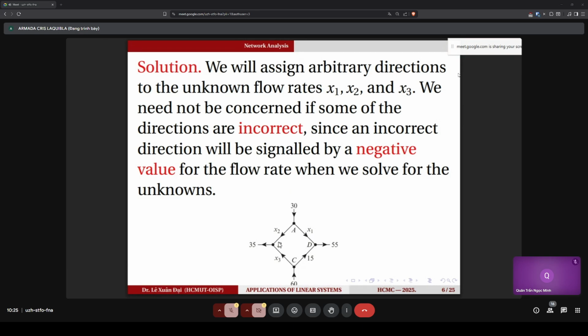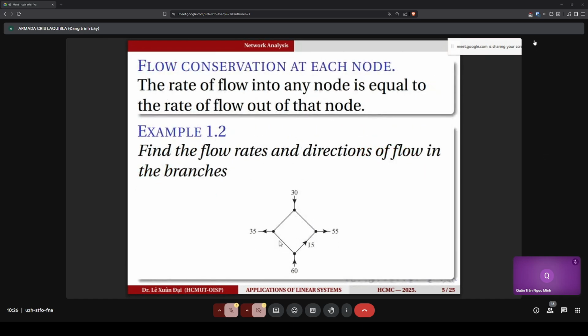A, B, C, D there in your nodes. Okay. Now, since the three sides here have no label yet, what I'm going to do is to label them arbitrarily x sub i. So we have x sub 1, x sub 2, x sub 3, and then just assume an arrow there, a direction.